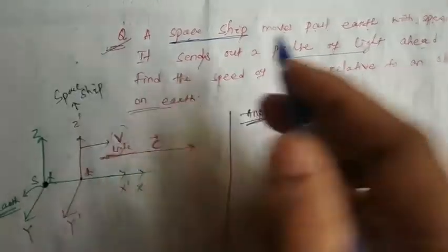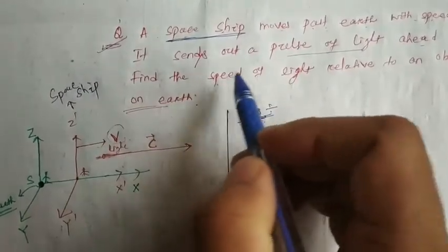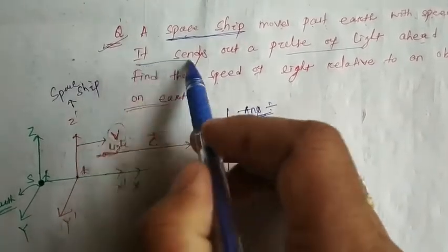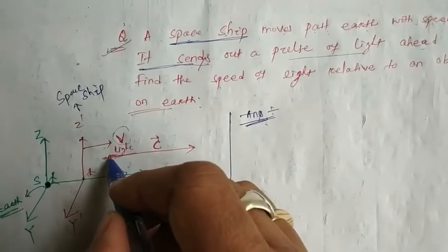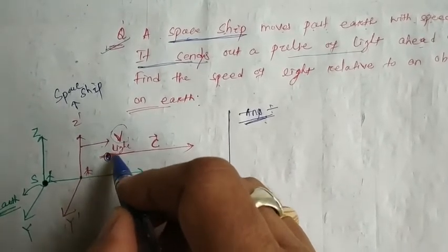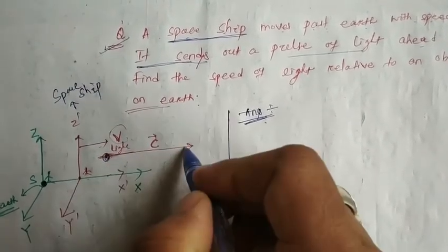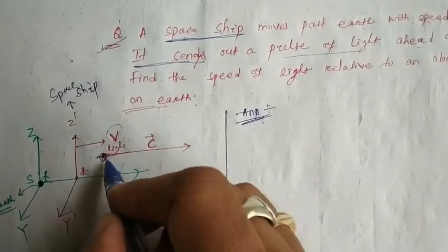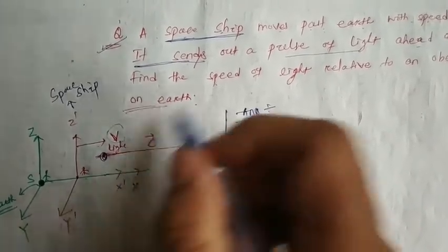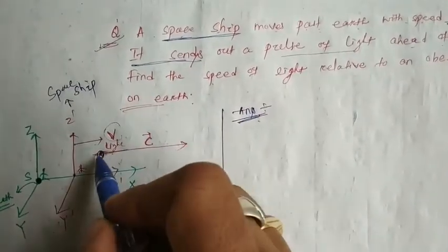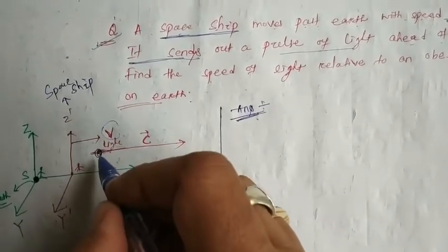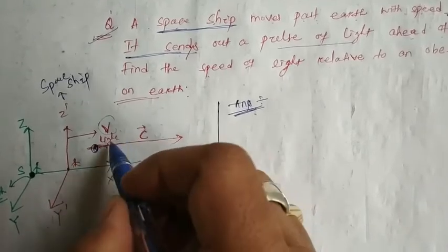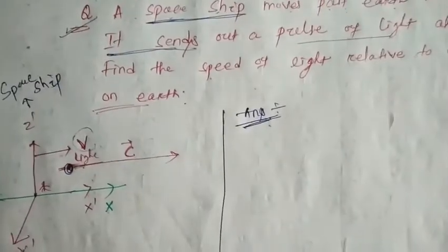Now find the speed. Now it sends. Who sends? The spaceship sends. Here in the spaceship frame of reference, a light pulse is sent this way, ahead of it. Ahead means along the direction in which the spaceship is moving. In the same direction, a light pulse.